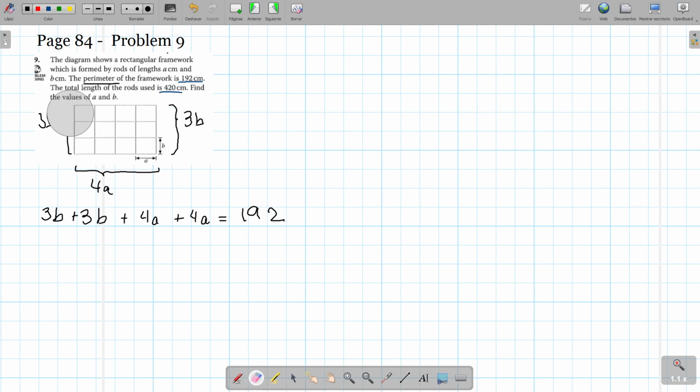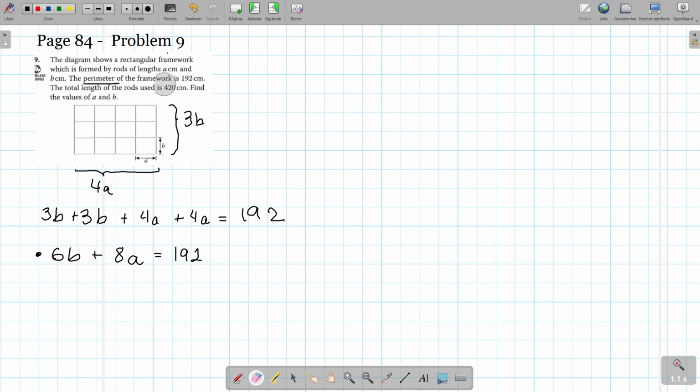Now I'm going to erase this. 3 times B plus 3 times B is going to be 6B. 4A and 4A is going to give me 8A equals 192. As you can see, we got the first equation that we are going to work with.